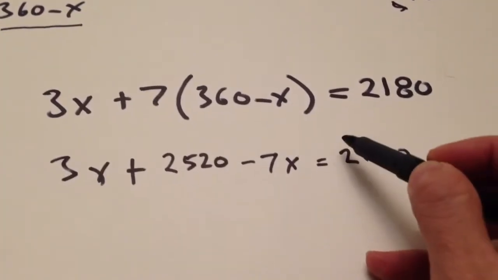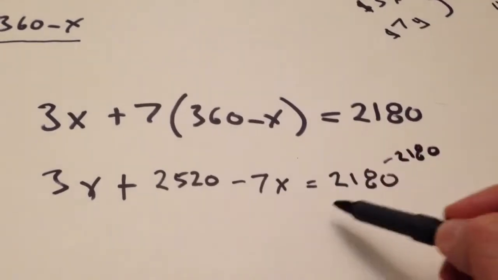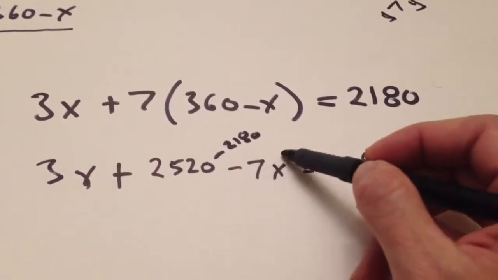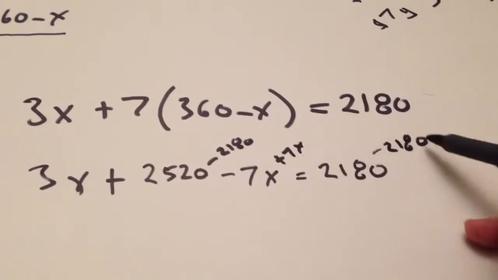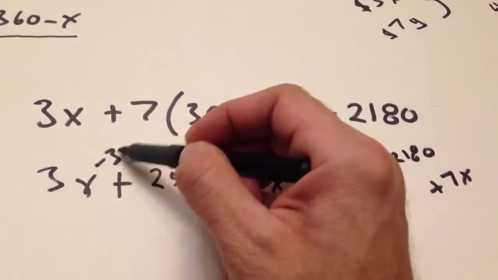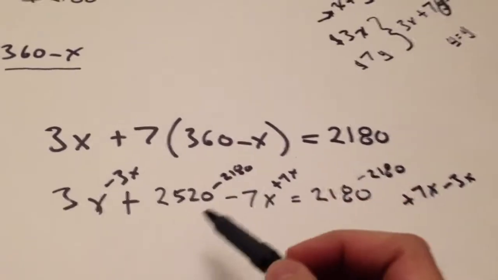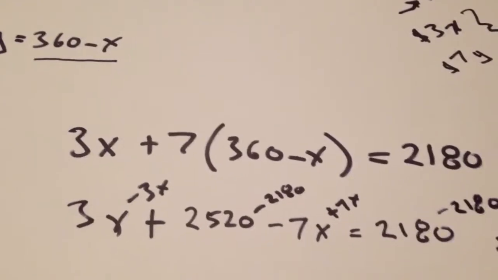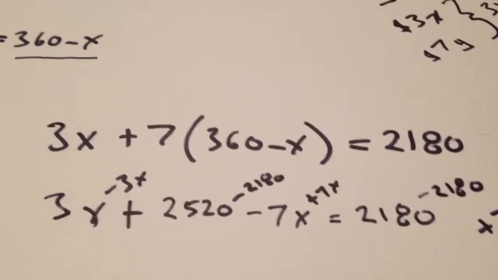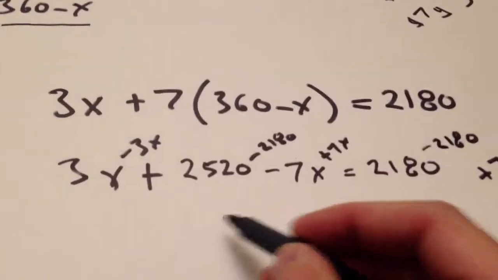Now I'm going to subtract 2,180 from both sides, add 7x to both sides, and subtract 3x from both sides. That gives us 2,520 minus 2,180, which is equal to 340.